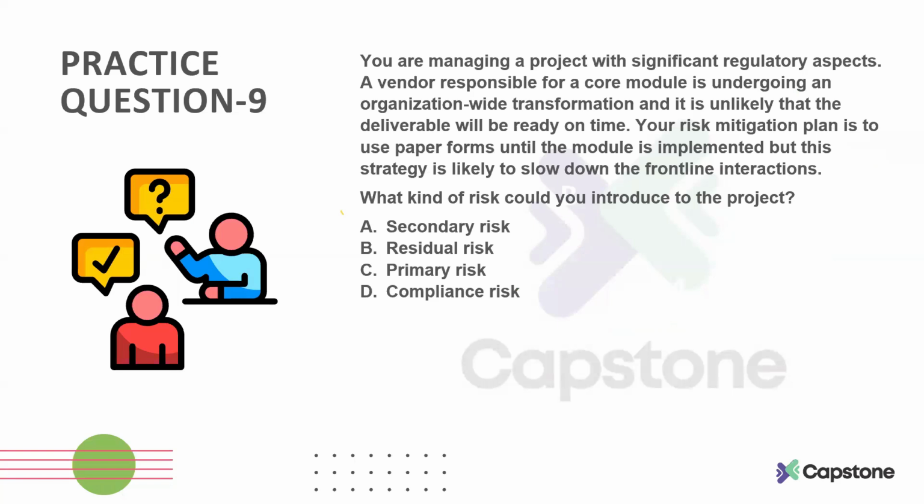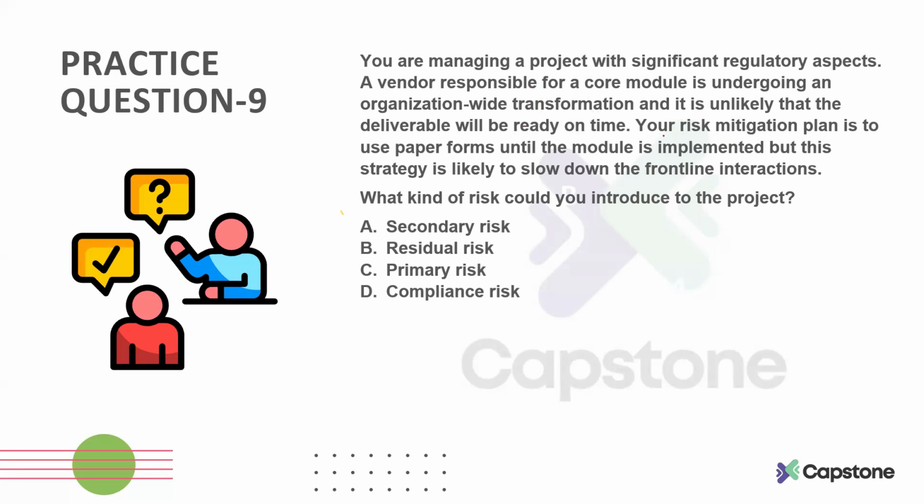This should be an easy one. So what is happening here is that you are managing a project, and your vendor is responsible for a core module, which is undergoing an organization-wide transformation, and it is unlikely that the deliverable will be ready on time. Okay. So this is the situation that you have.